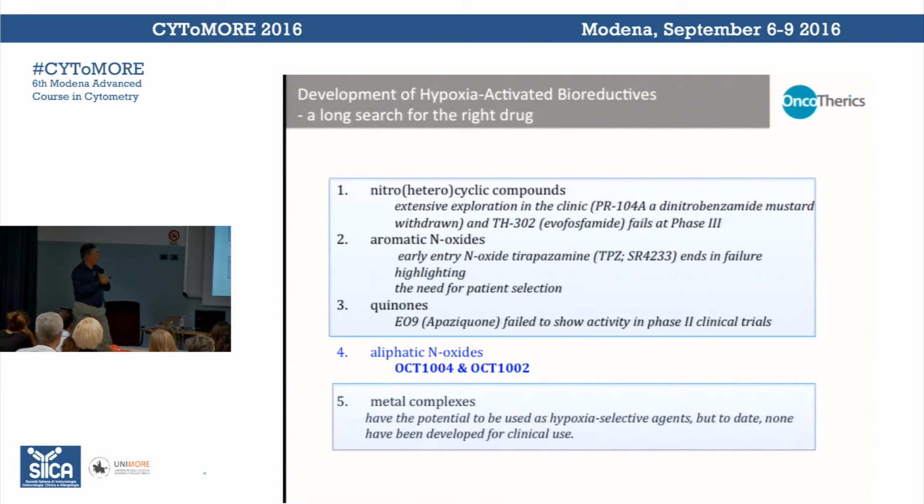And it's been a history of failure up to now because either the drug itself isn't quite right because of toxicity, or because you haven't selected the patients that show the hypoxic tumours. Isn't that just obvious? But we're talking about 25 years now. One of the problems is, of course, that the pharmaceutical industry quite rightly wants to give the drug to everybody, irrespective of whether you have a hypoxic tumour.